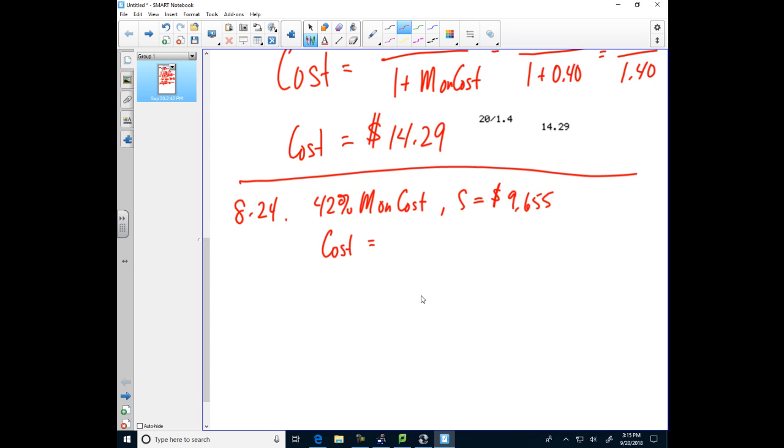You just have to read carefully. So if you see something that says dollar markup, that's just what it is. It's the markup expressed in dollars, not a percent. Now there's ways to switch back and forth if you need to. So what do we have here? We have S, M, and we want cost. What do you think we should use?